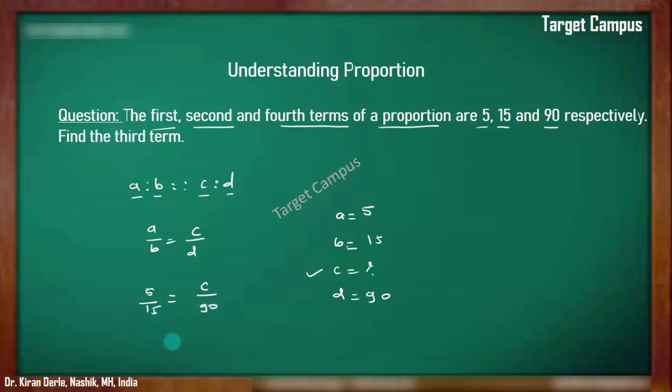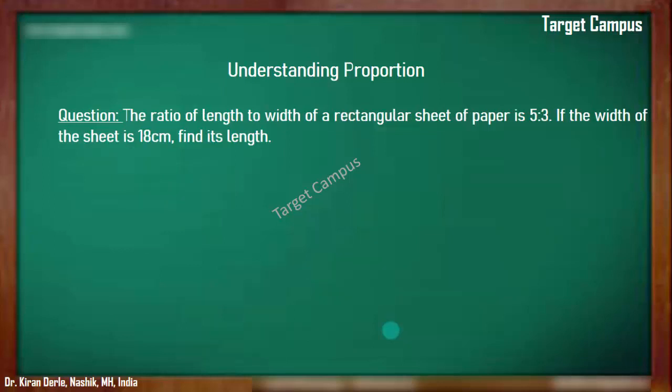So C is equal to 90 into 5 upon 15. 5 threes are 15, so C is equal to 30. I hope this is clear now. C is 30. So this ratio is equal to 30 by 90, which is 1 by 3, and this is also 1 by 3, right? Value of C is 30. I hope this is pretty much clear to you guys.